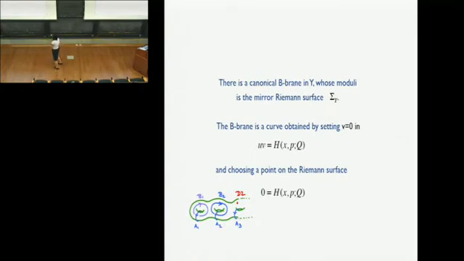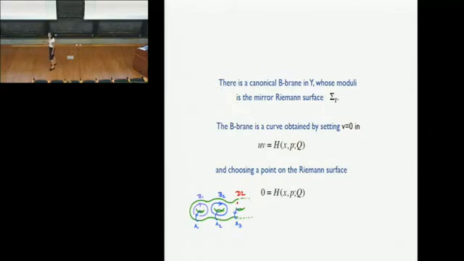On this Calabi-Yau, there is a canonical B-brane whose moduli space is this Riemann surface that captures the geometry. You get this B-brane by setting, for example, v equal to 0 and choosing a point on the Riemann surface. So you get a curve parameterized by u, whose moduli space is this Riemann surface.